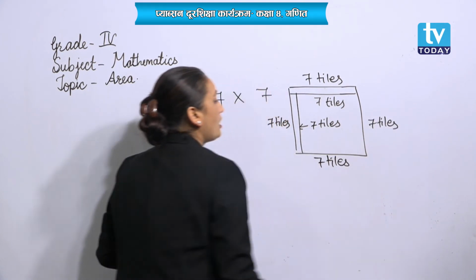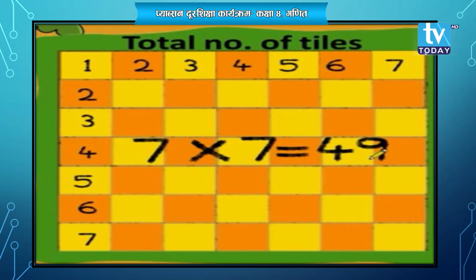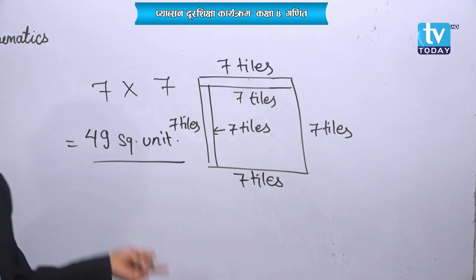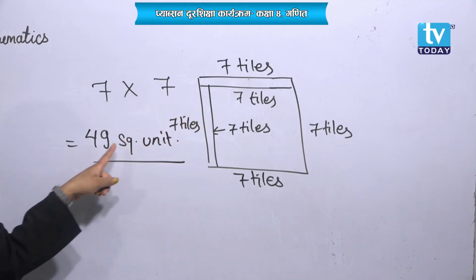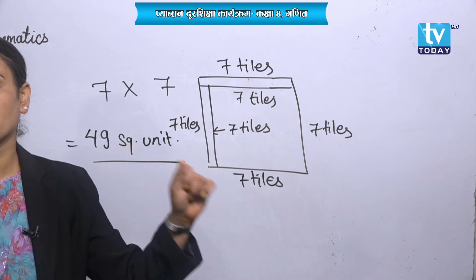That means altogether 7 times 7 will be 49 square units. Because we have already informed you that one square tile equals 1 unit. That means 7 square tiles is 7 units. That means 7 times 7 is 49 square units.